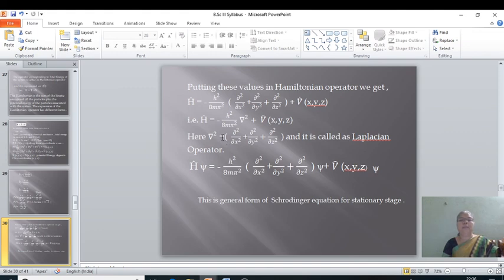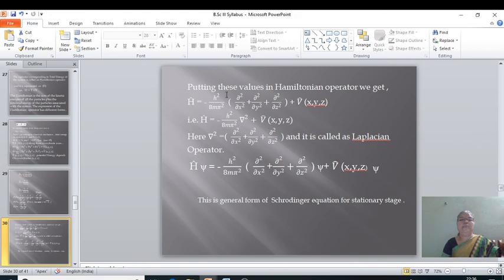As I have already told you, del square is called the Laplacian operator, and it is nothing but dou square by dou x square plus dou square by dou y square plus dou square by dou z square.